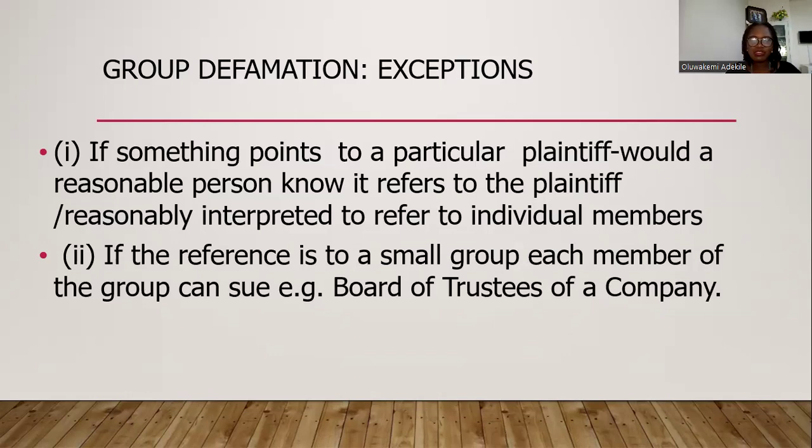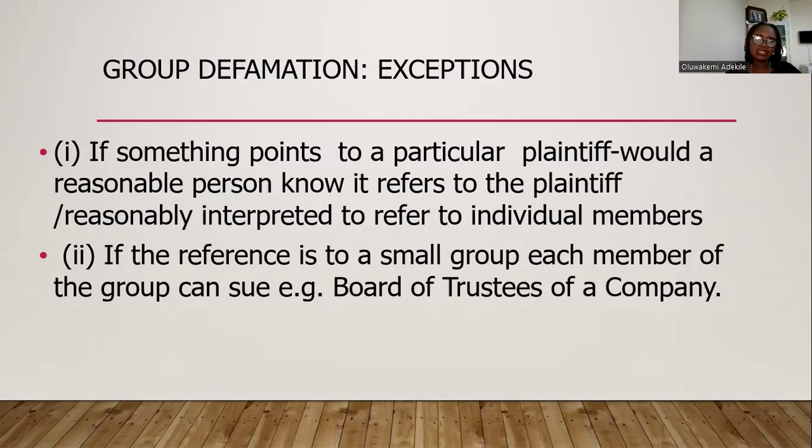Maybe in the course of making that statement, you have referred to this plaintiff, Mr. XYZ, is corrupt. He has stolen clients' money. He has commingled clients' money. He's corrupt, just like all lawyers are corrupt. In that context, Mr. XYZ, or whoever he is, would have a cause of action, because it will be clear to everybody that even though you seem to be making a class or group defamation, it refers to the plaintiff, to Mr. XYZ.